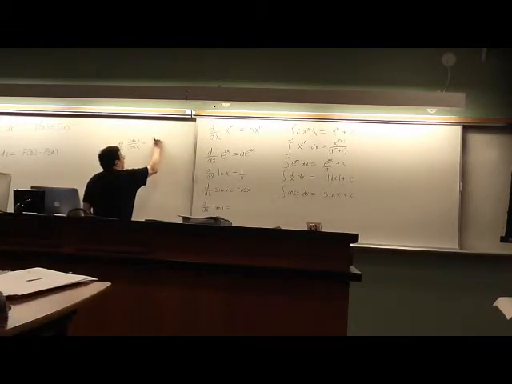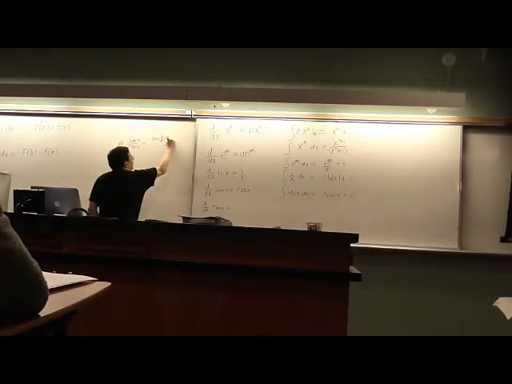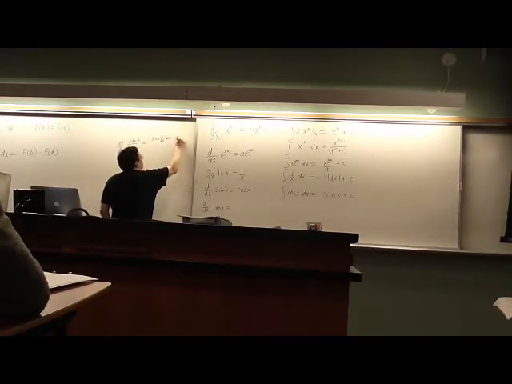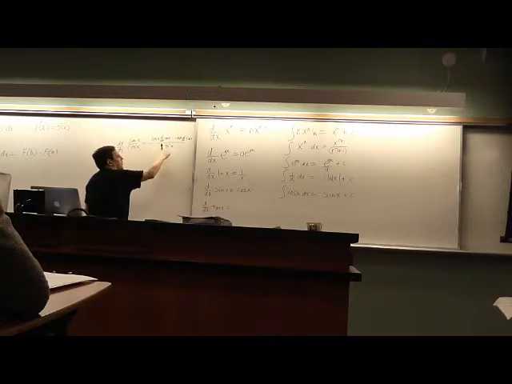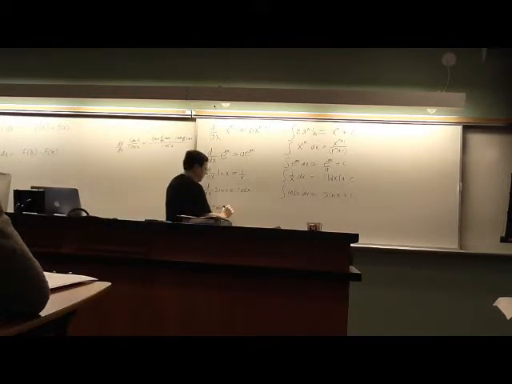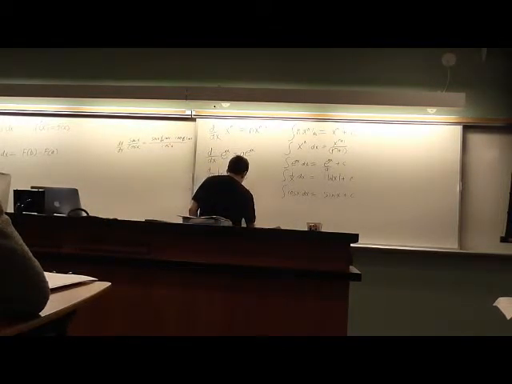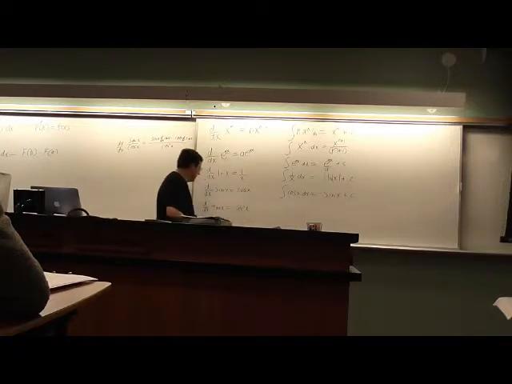It's the sine of x times the derivative of the cosine of x minus the cosine of x times the derivative of sine of x, all over the cosine squared of x. And this turns into 1, so it's 1 over the cosine squared of x, so it's the secant squared of x.